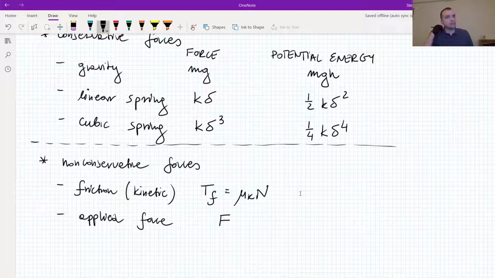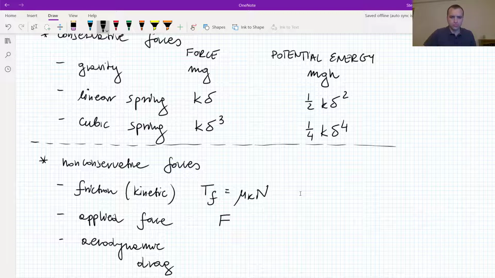And the third example that you can run into during our course is aerodynamic drag. However, you will run into it very rarely. The force associated with aerodynamic drag is some constant times velocity squared.